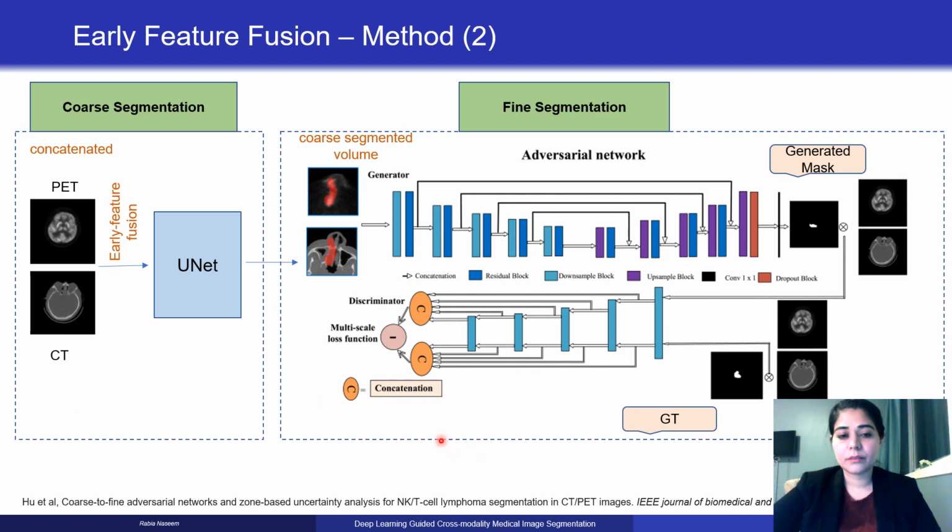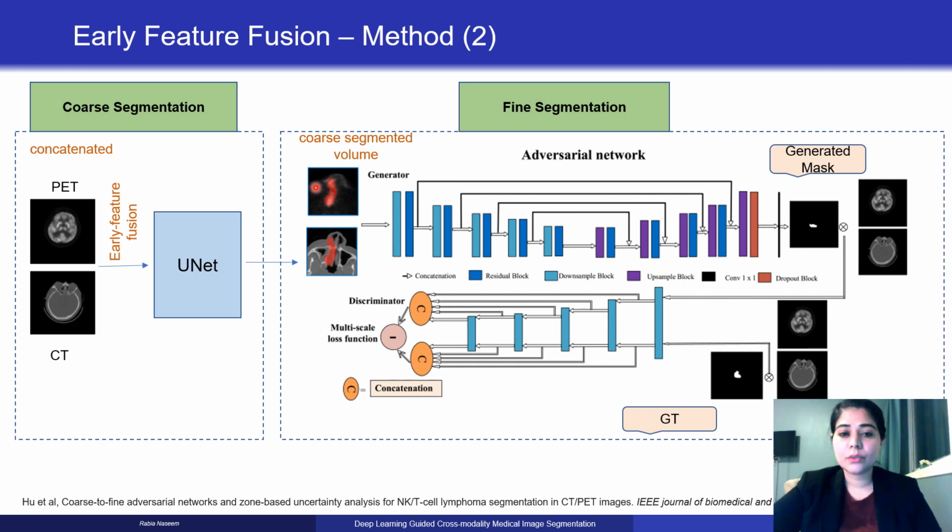Another method proposed using early feature fusion consisted of two steps: coarse segmentation and fine segmentation. In case of coarse segmentation, PET and CT were concatenated and fed to UNet, which generates a coarse segmented volume. Early feature fusion was done at the initial stage.